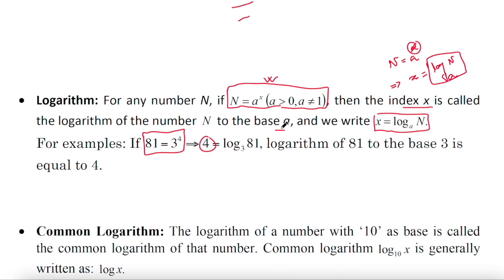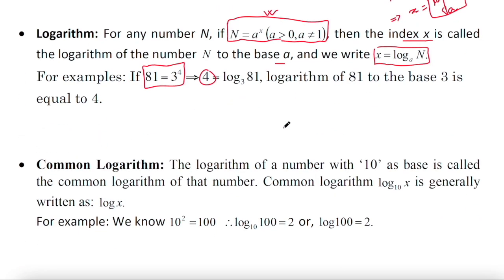Let me discuss some other examples. 64 we can write in exponential form like this: 64 is equal to 2 to the power 6. This is an exponential form of 64.